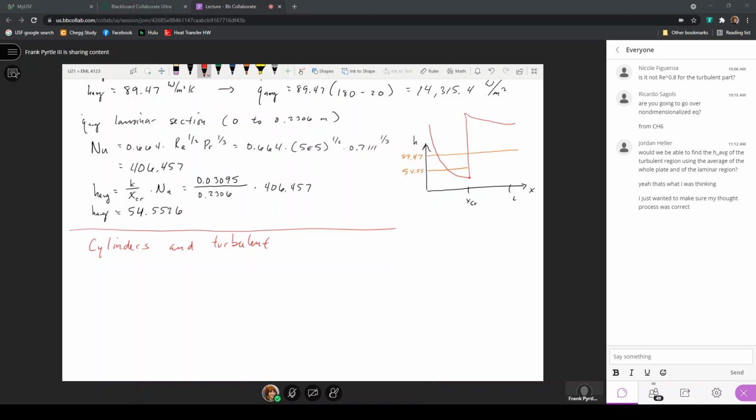Now, when we're considering a cylinder and a sphere, when we're considering how fluid moves over these surfaces, I'm going to draw here. The first one, just a cylinder.